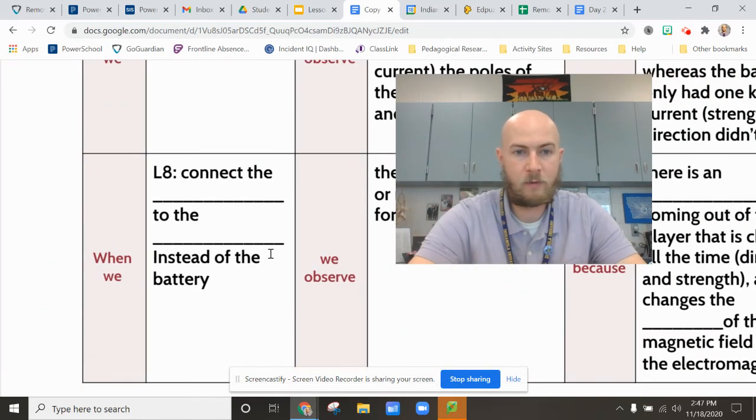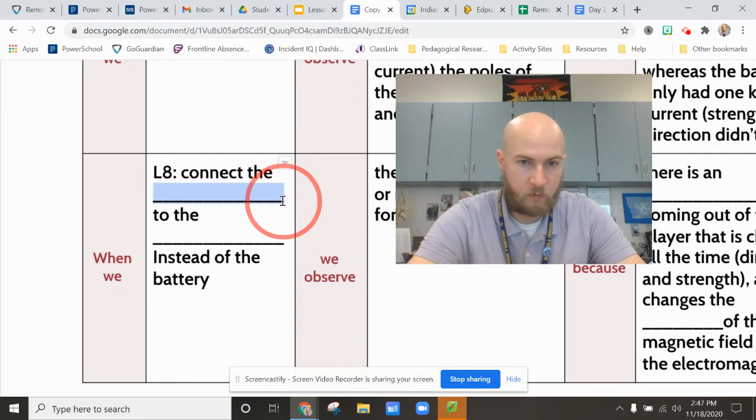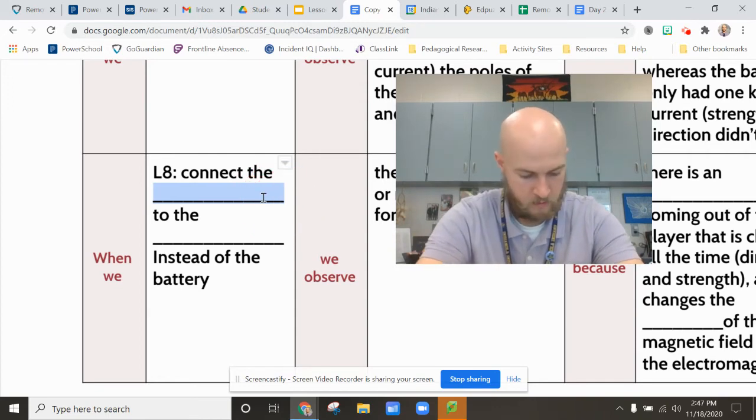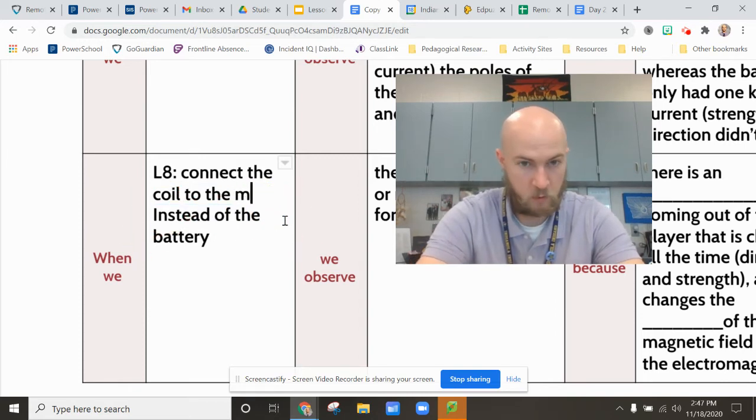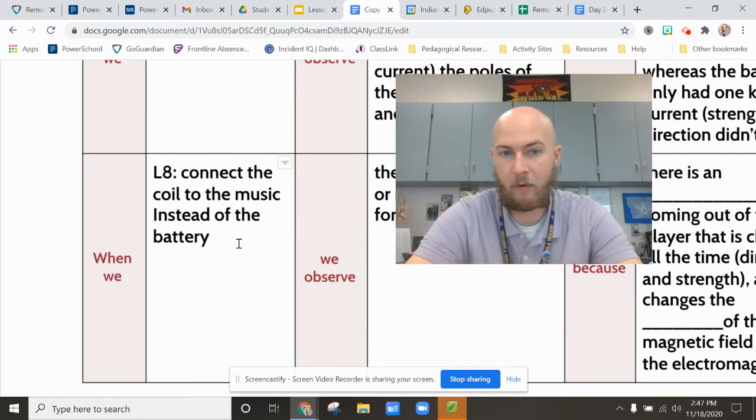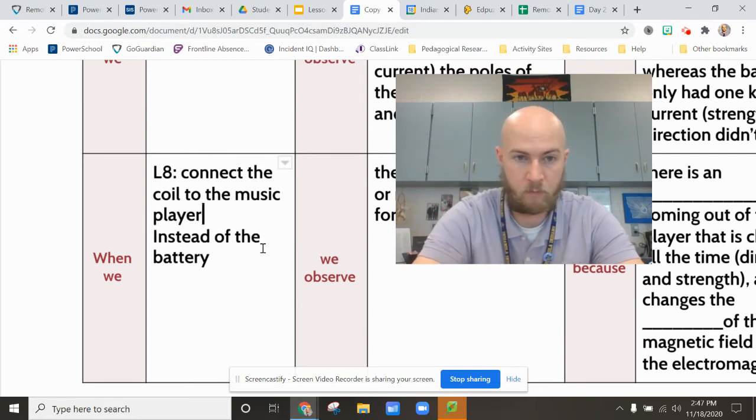Now, last one we want to go through is in lesson 8, and we connected something again, and that was our coil. We connected our coil to the music player instead of our battery like we usually have done.